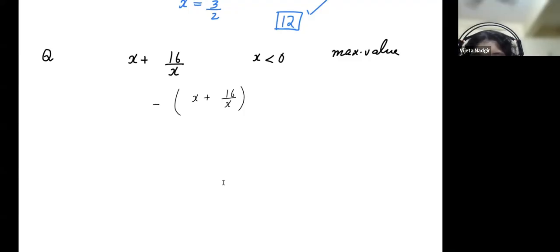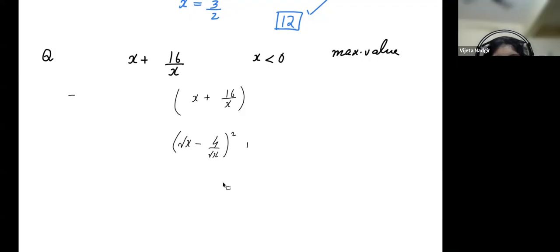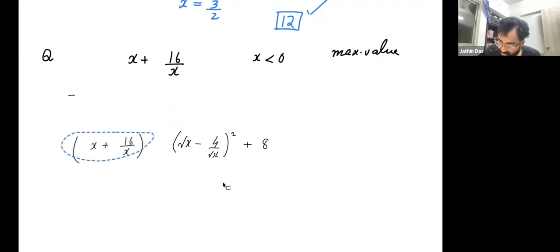What will I do of that 16? Okay. Leave the minus sign for some time. So can I write it as root x minus 4 by root x, whole square, plus how much? 8 will come. This function will be like this.